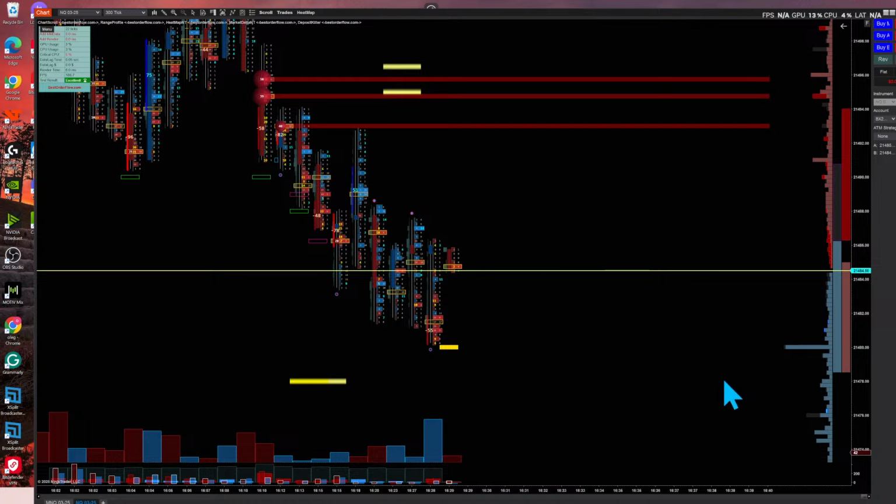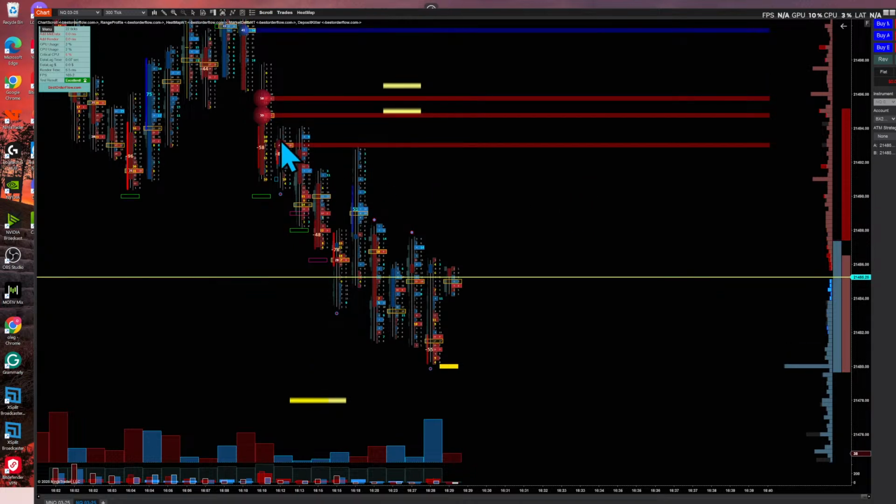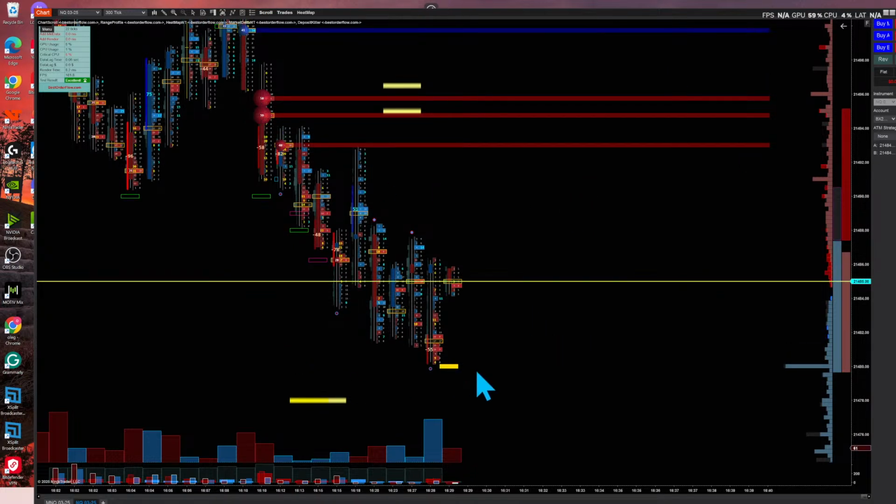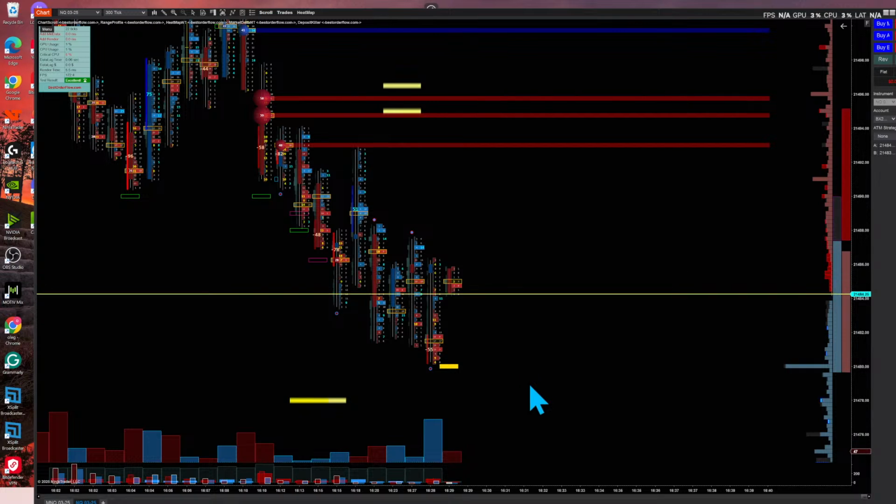So now the market is going to close quite soon. And by the way, this is the NQ on 300 ticks. Oh yeah, okay, that's interesting. On this chart you're seeing that I incorporated Bookmap right behind the footprint.